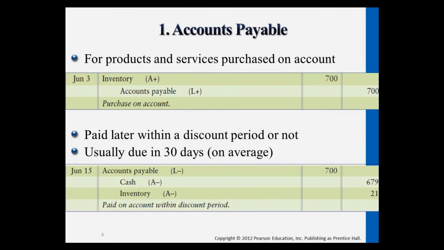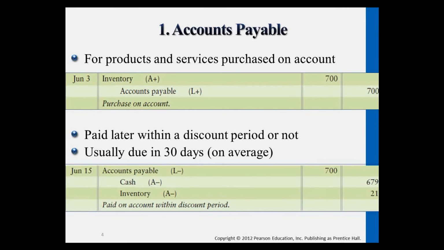The first one we went over last week, accounts payable. These are liabilities, cash payments, that are due within a few weeks and at most a month. If we purchase supplies or inventories on account, meaning we'll be paying back the supplier, the seller, within a month.